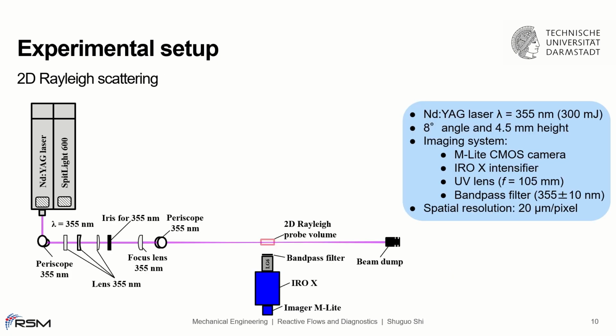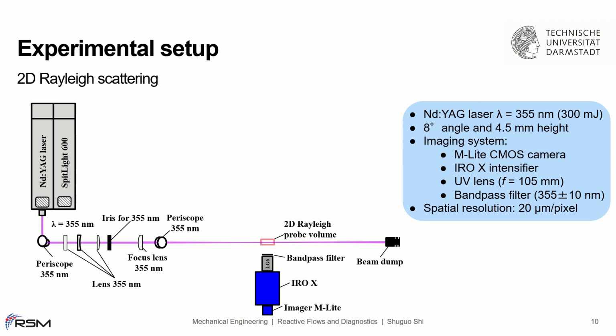A 2D Rayleigh scattering measurement was performed quasi-simultaneously with the 1D Raman-Rayleigh measurement to visualize the flame. A frequency-tripled Nd:YAG laser with a wavelength of 355 nanometers was used as an excitation laser to avoid signal overlap with the 1D measurement.